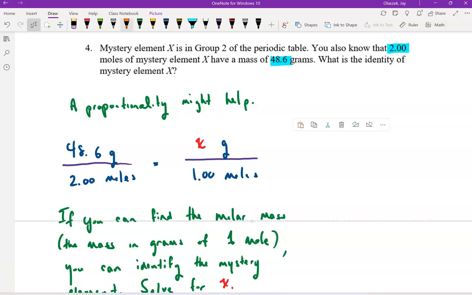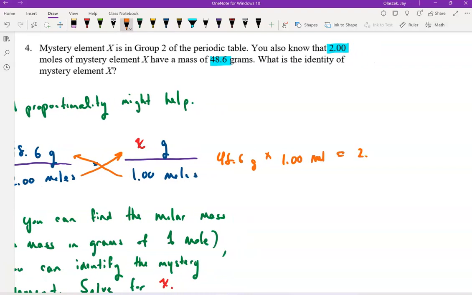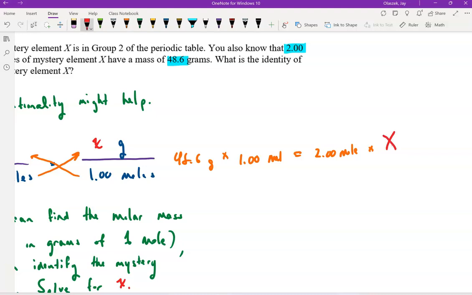We're going to cross multiply. The way we do that is we multiply this times this and multiply that times that. So it's going to look like this when we get it all set up: 48.6 grams times 1 mole is equal to 2 moles times x grams.